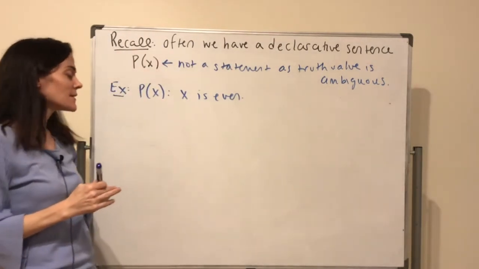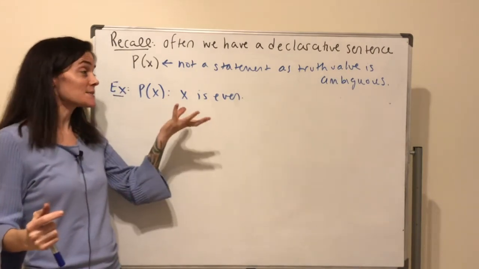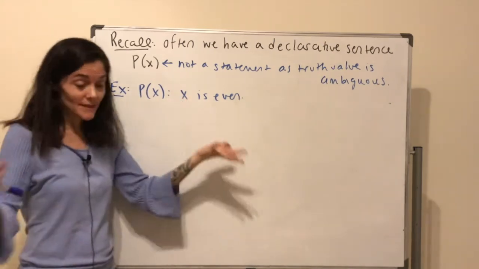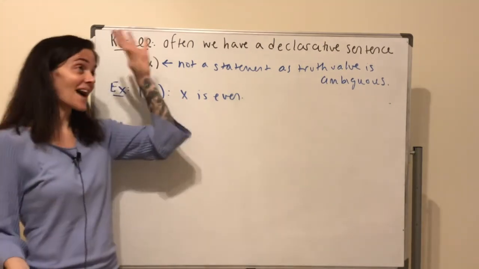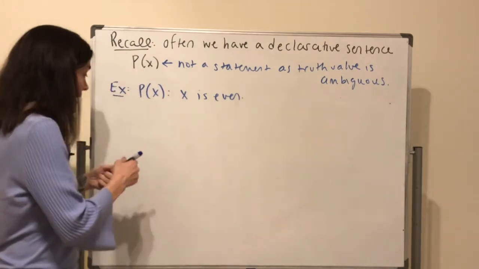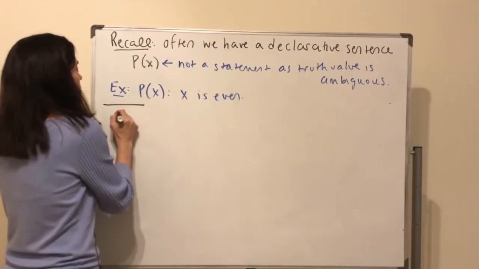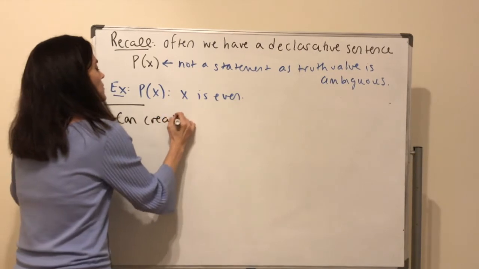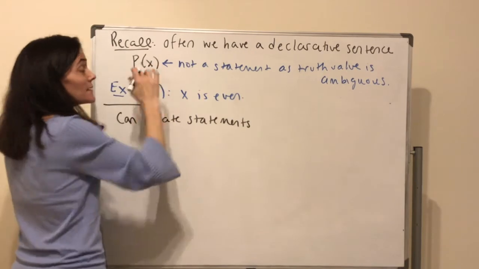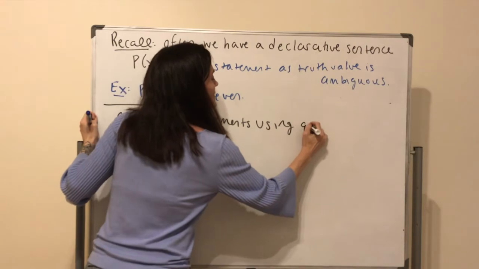Now we talked about and did practice making a statement out of this, which is you could just have a specific X. For instance, 2 is even. That's a statement, it's true. 5 is even. That's a statement and it's false. But another way we can make a statement is using quantifiers. We can create statements with a statement like this about X using quantifiers.